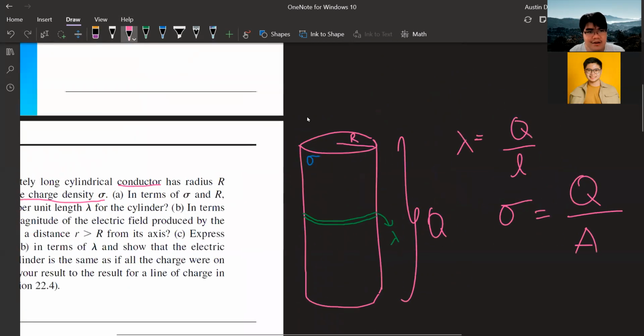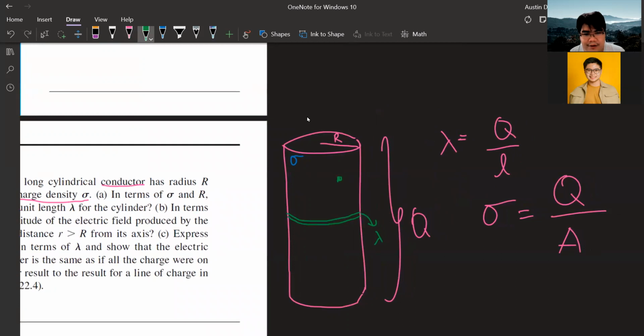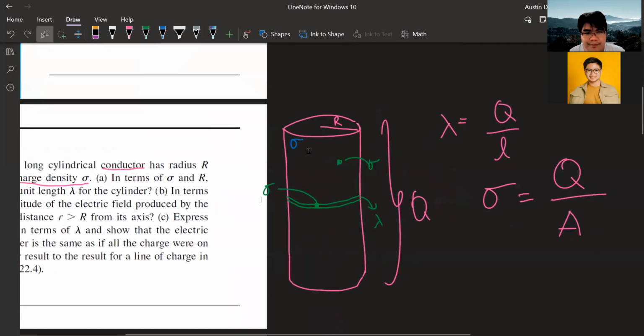Kung imagine natin yun, ang itsura niya sa cylinder natin would be some square. Okay? Kasi per area. Therefore, inside this lambda, meron kang maliliit na squares, which would be sigma. Okay? So this is sigma. This is another sigma.